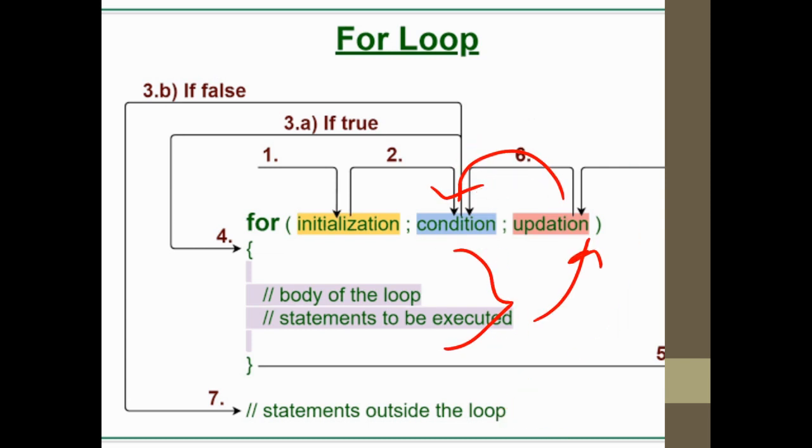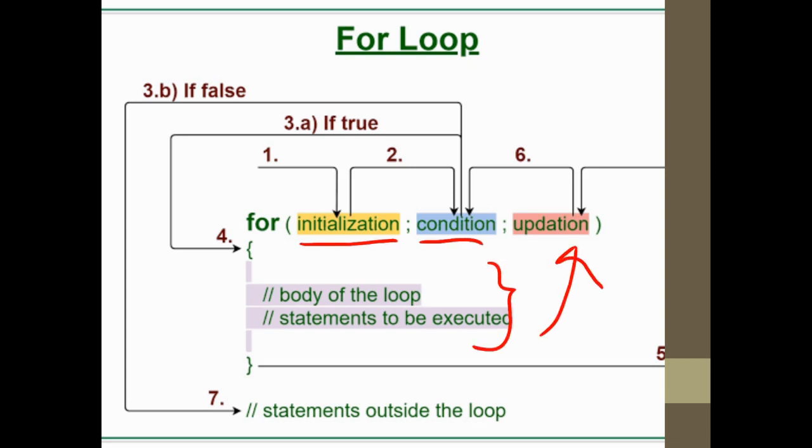So you can see that the initialization statement executes only once in the for loop. We initialize only one time, after that we go for the condition, then the execution part, then updation, and again the condition, and we execute the statements like this. But the initialization we do only one time. So this is the whole structure of how a for loop works.